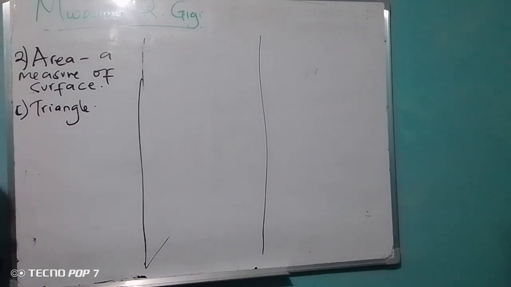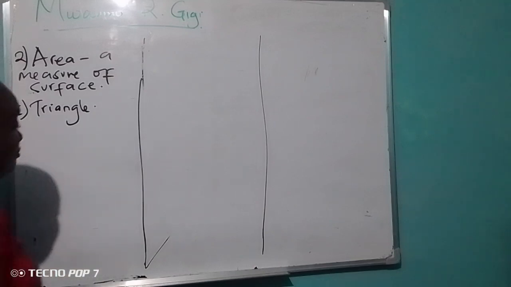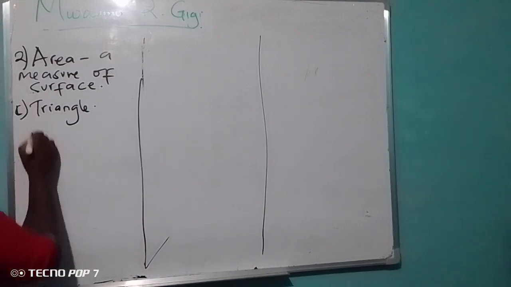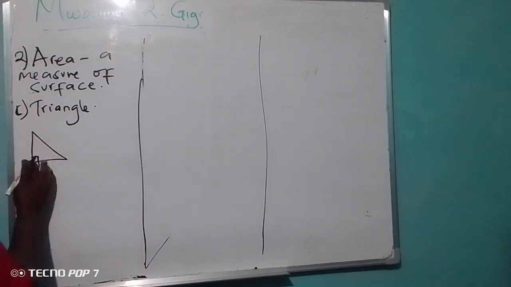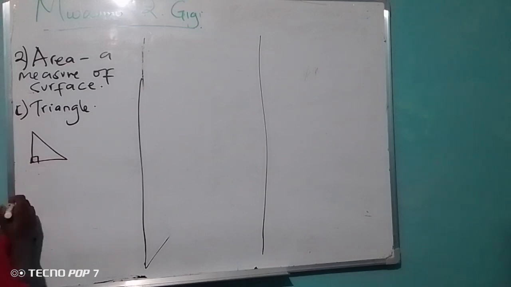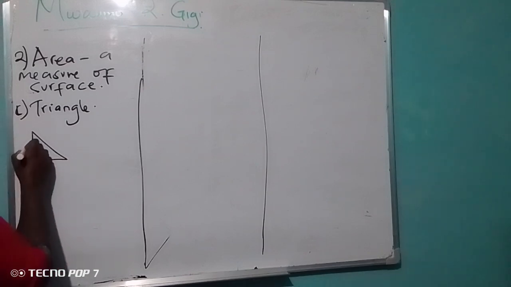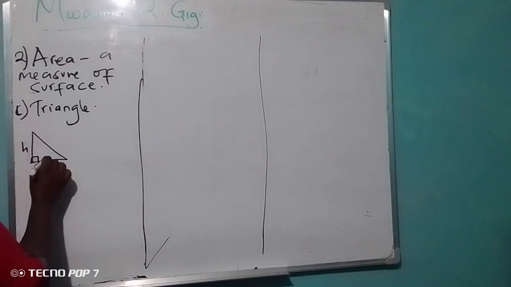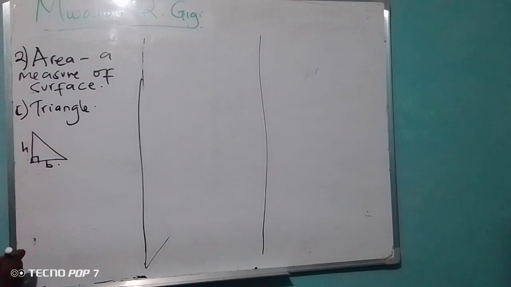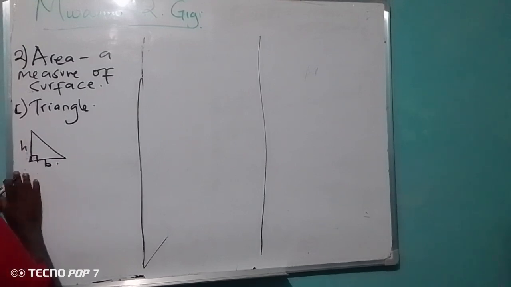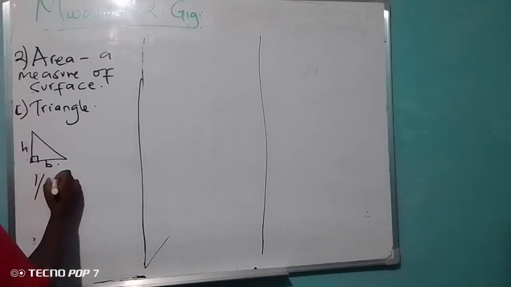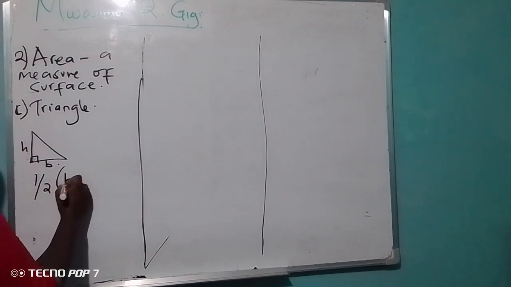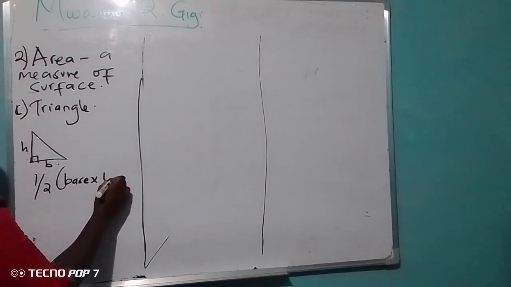So the common one we have is the right angled triangle, sindio? The common one is length, height, sindio? Base, sindio? Yeah? So the common one, we have a half into base times height.